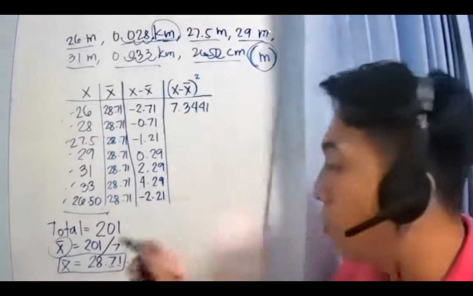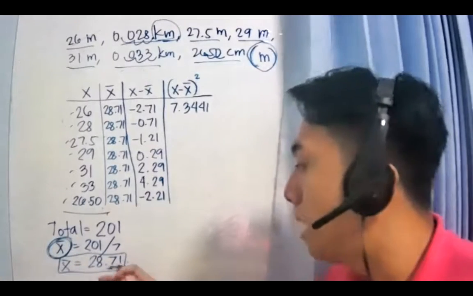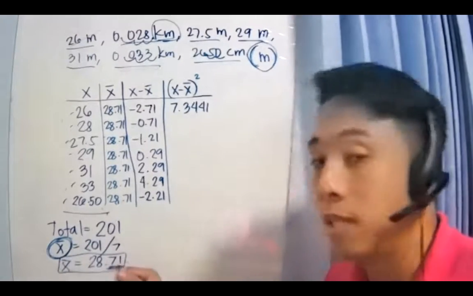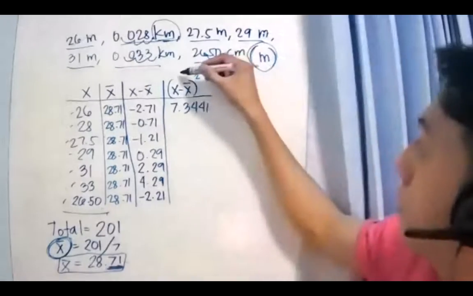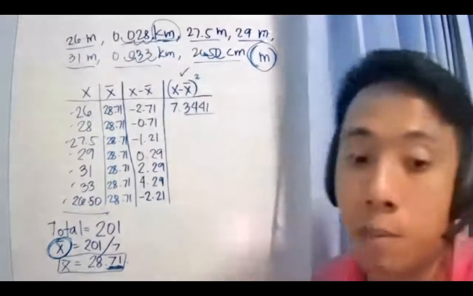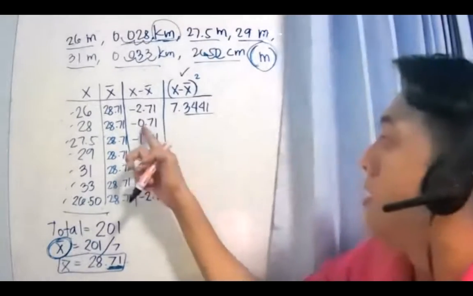Ginawa lang natin yon doon sa ating mean. Kapag sa mean, 2 decimal places. Kapag sa ating fifth step, we will copy all the numbers. You got it? Okay, next.